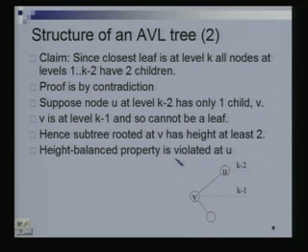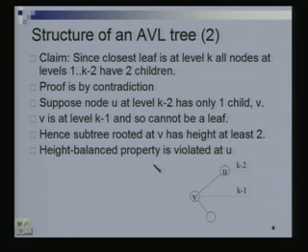So the subtree rooted at v has height at least 2, because it has to have one child. It cannot be a leaf. So it has height at least 2, while the right subtree here has height 0 because there is nothing there. So you have a height imbalance at this node u.